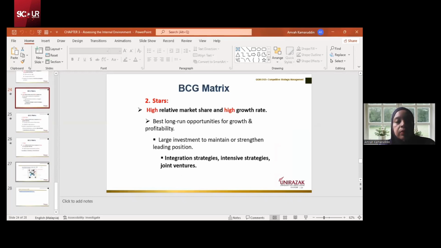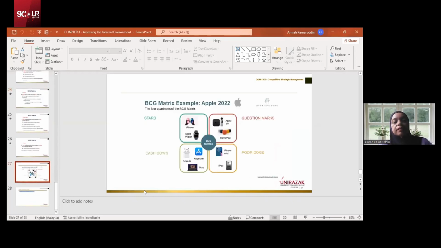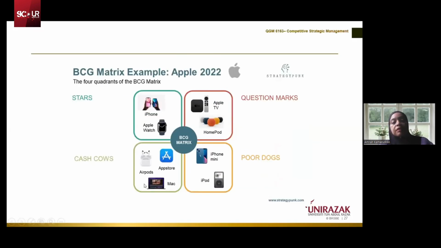Okay, so let's look at the cash cow first. Remember I told you, it is about market share and also growth. So for the cash cow, the market share is high, but the growth is very low. Growth means development, meaning they don't spend a lot.